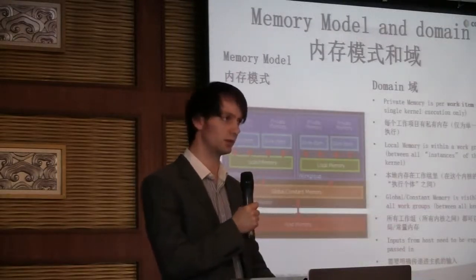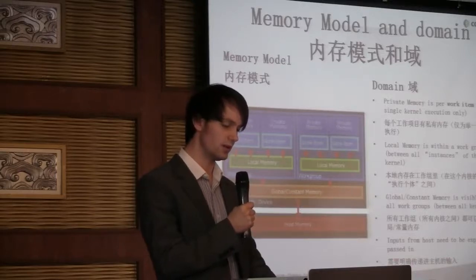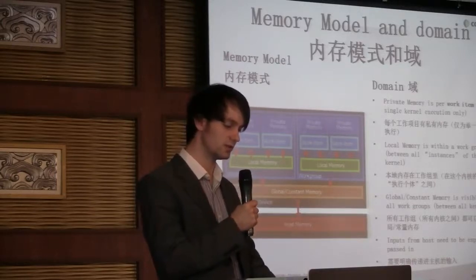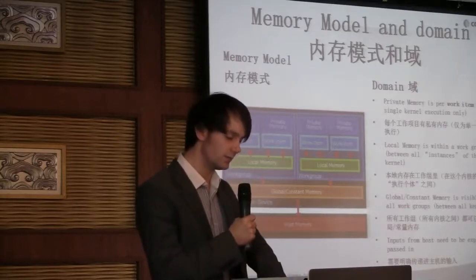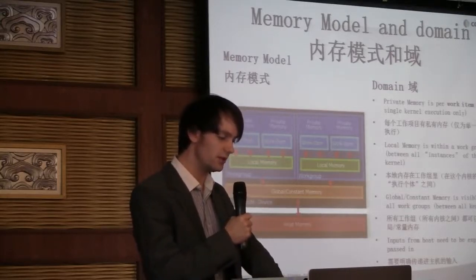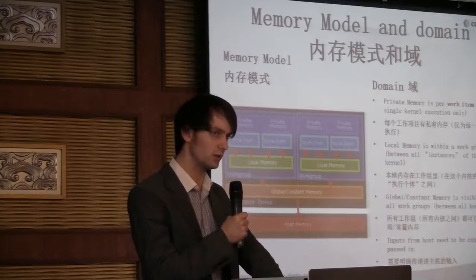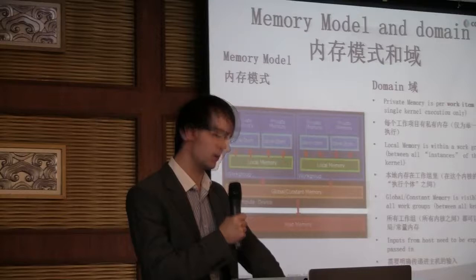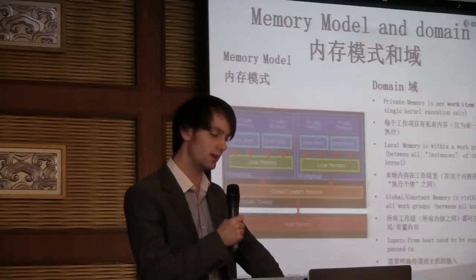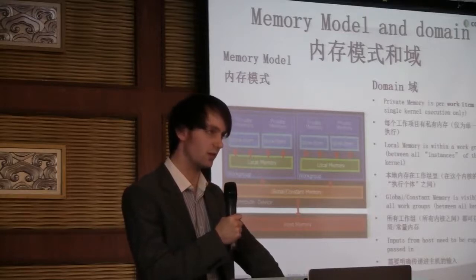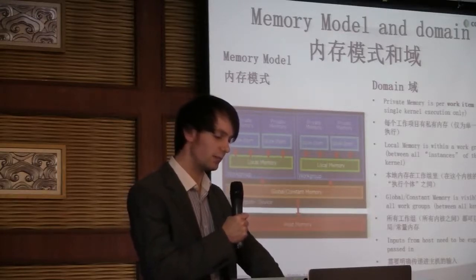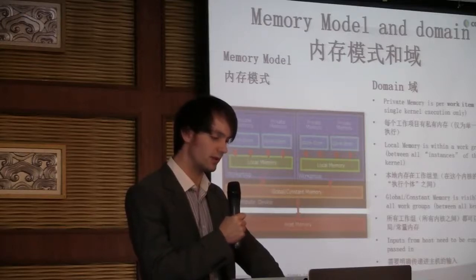OpenCL has a very strict memory model compared to that of host devices such as a CPU. It's broken up into three main areas of memory. The first of which is the most local part of memory, and is called private memory. Objects stored in private memory cannot be shared between any other instances or executions or work items of the same kernel. The next step up from private memory is local memory.